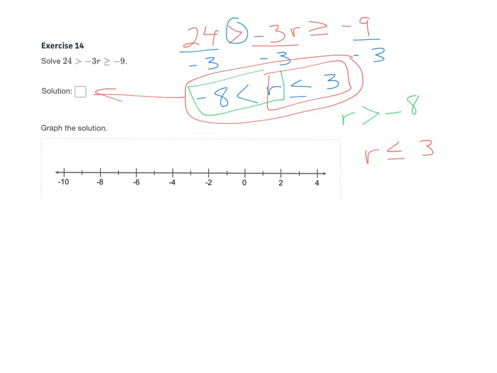Now to graph this at 3, I would have a closed circle. The direction would be to the left. Negative 8, I would have an open circle going to the right. And the way you would read this, all numbers greater than negative 8 and less than or equal to 3.